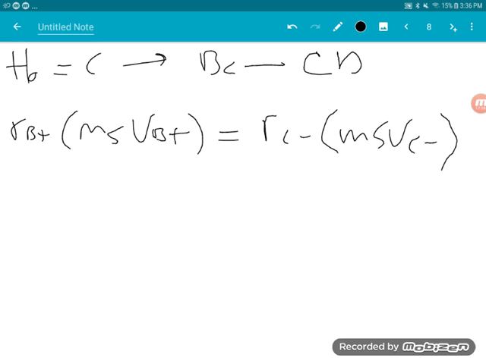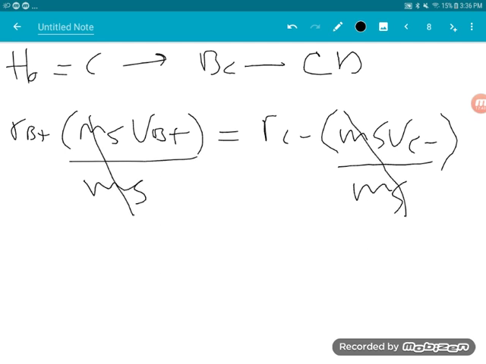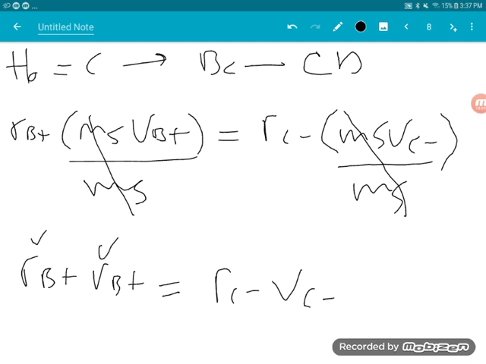So the mass of the ship will actually divide out, leaving us with RB plus VB plus is equal to RC minus VC minus. Okay, we know this one, we know that one, and we know this one. So we can solve for this one.